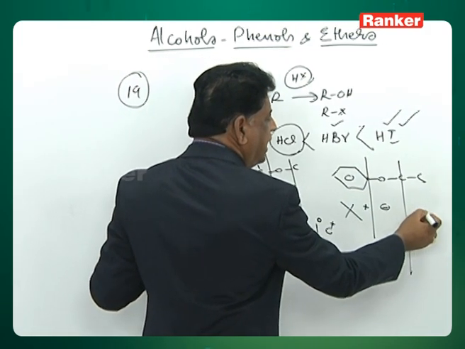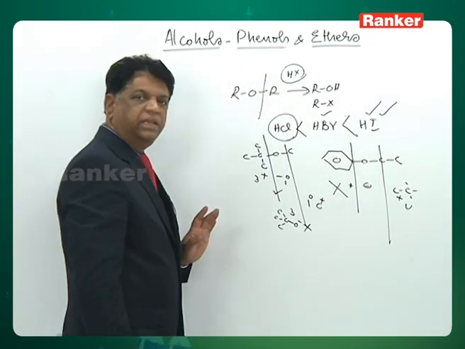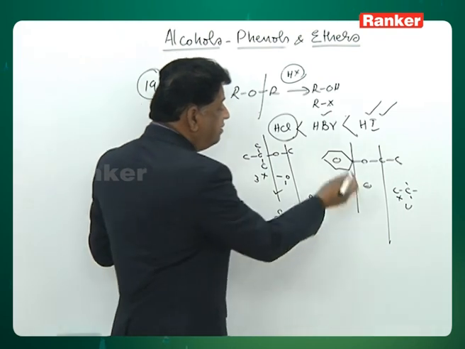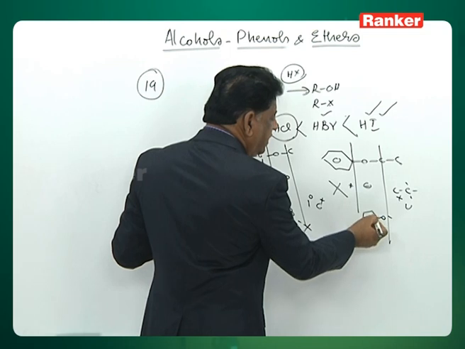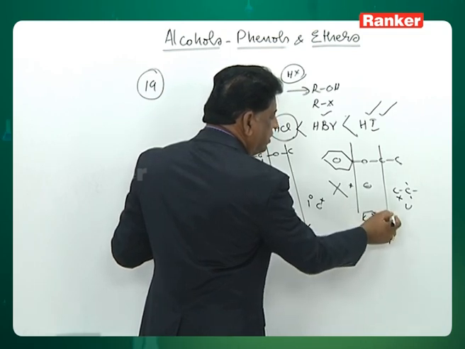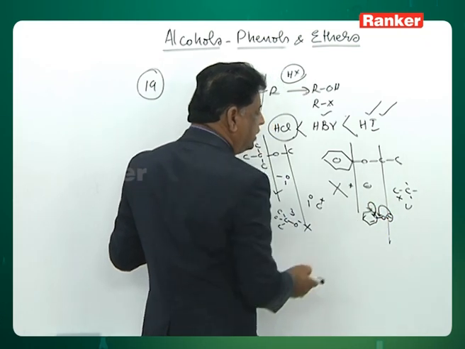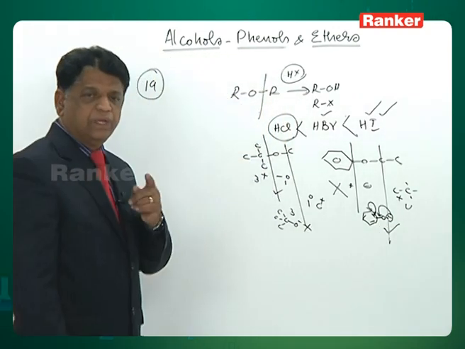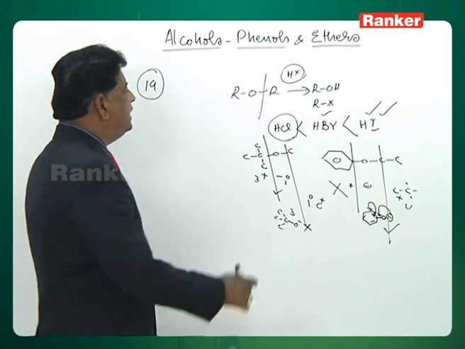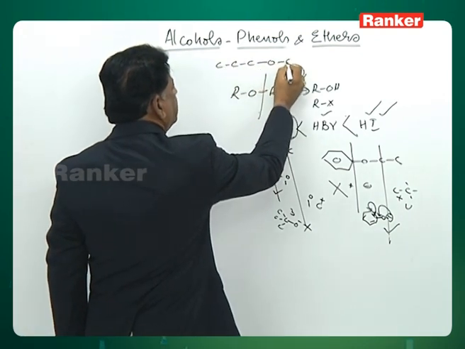break here, the ethyl carbocation is well stabilized by the inductive effect and hyperconjugation. On this side you will get a phenoxide with the benzene ring, and the benzene shows a beautiful resonance: the minus is given and the benzene goes like this, ortho and para negative charge. So this type of breakage will be very easy. Now here also in the question, if you see carefully, one side 3 carbons are given, one side 2 carbons are given.